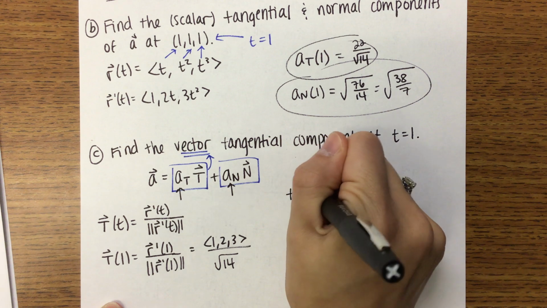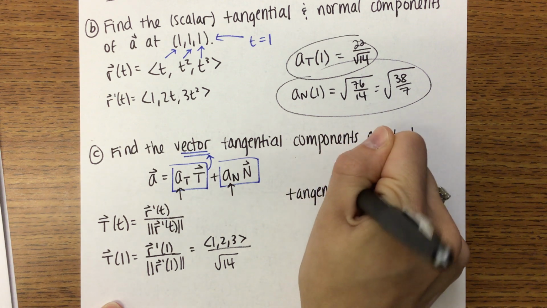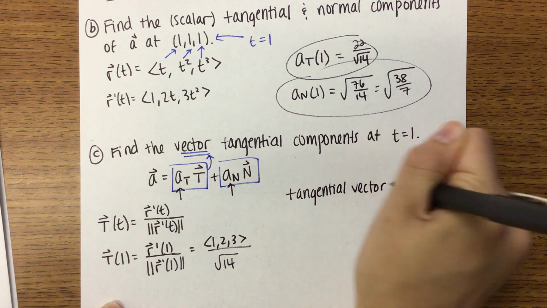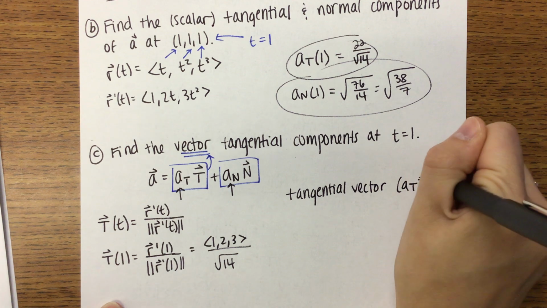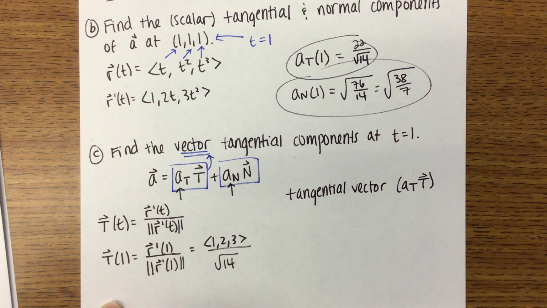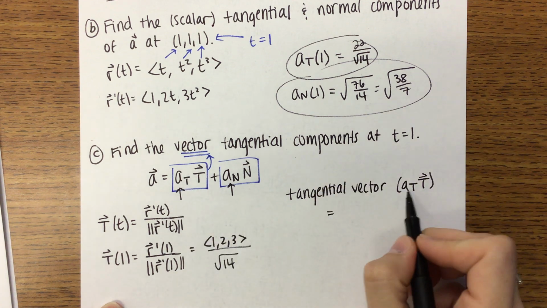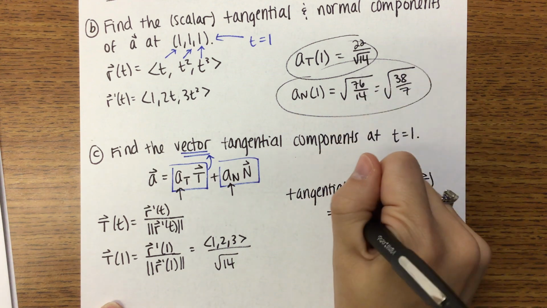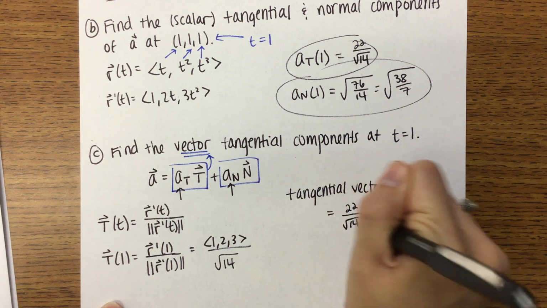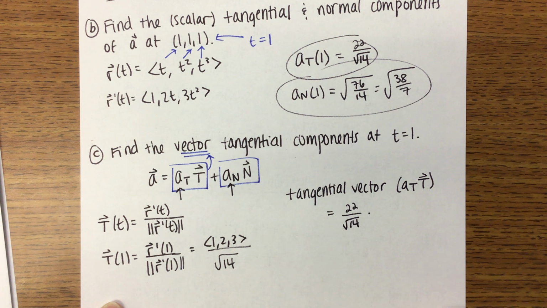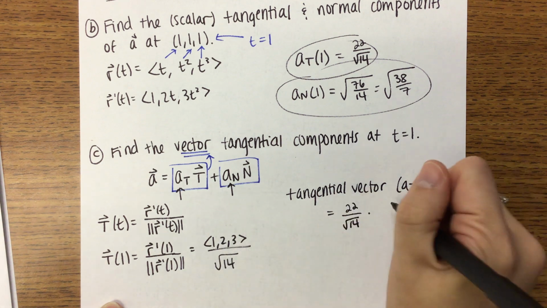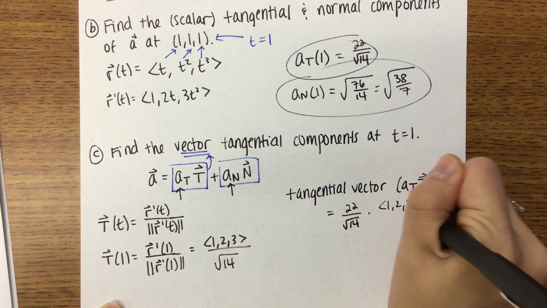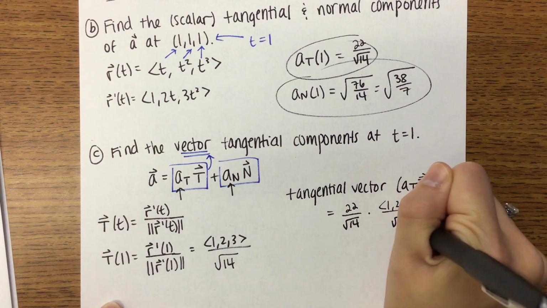So then, if I want the tangential vector, which was that AT times T, AT we already found up here. That's 22 over the square root of 14. I'm going to multiply that by the unit tangent vector, so that 1, 2, 3 divided by the square root of 14.